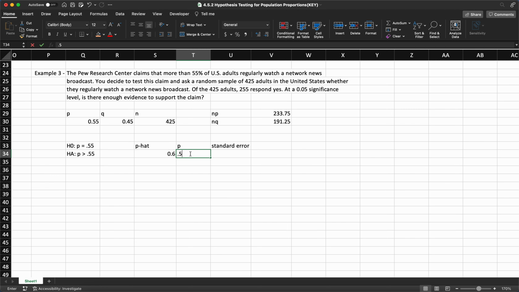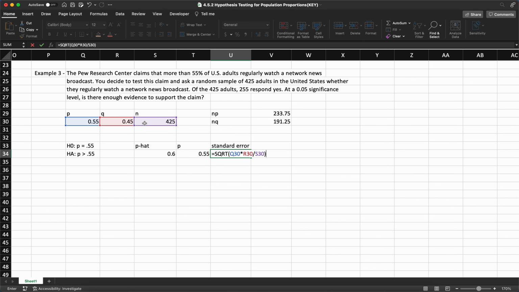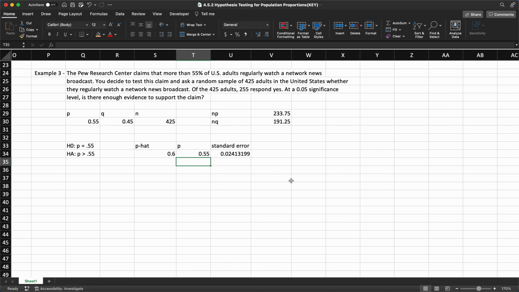My P is 0.55, and my standard error is the square root of P times Q divided by N. So we're looking for the probability that P hat is greater than 0.6.